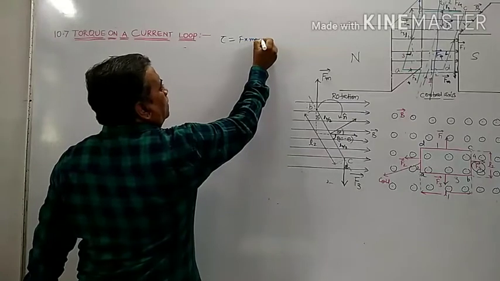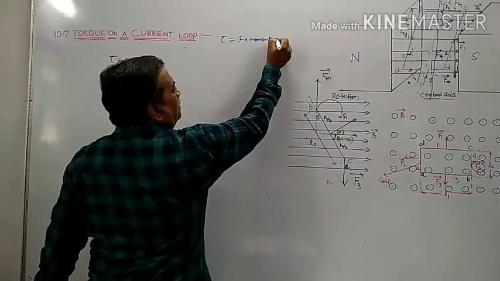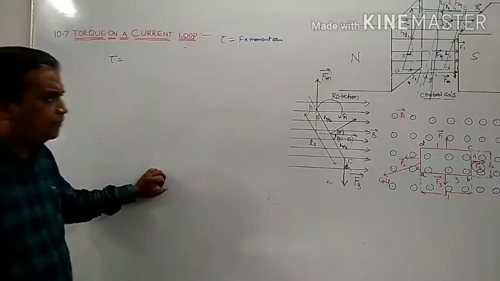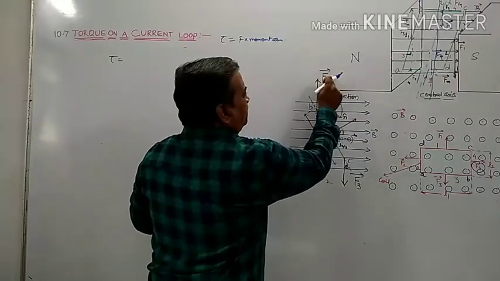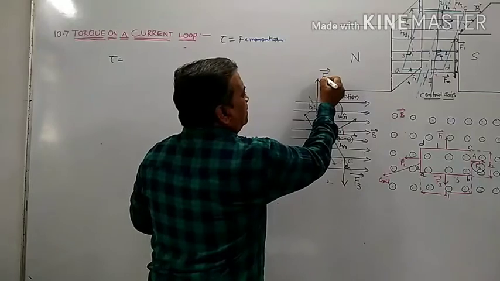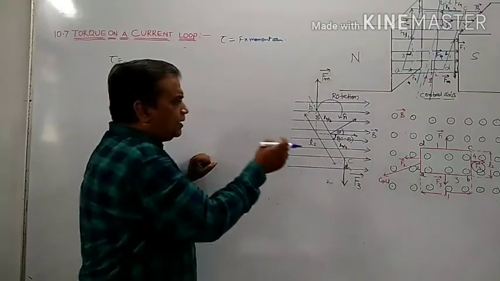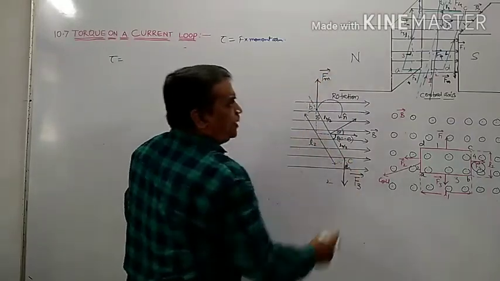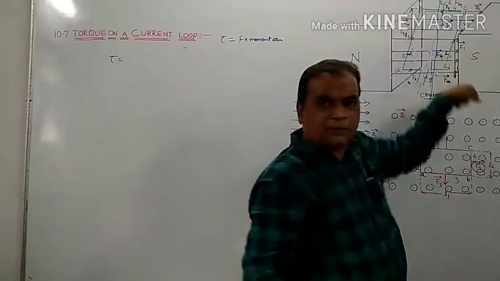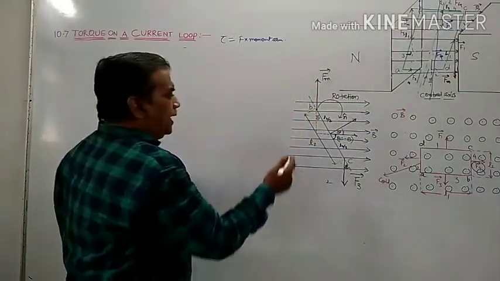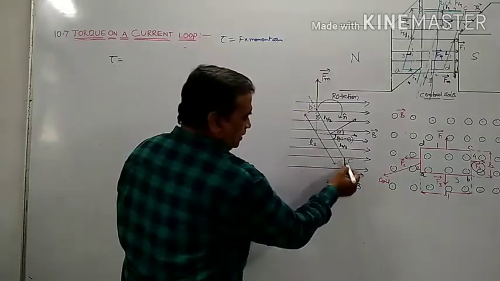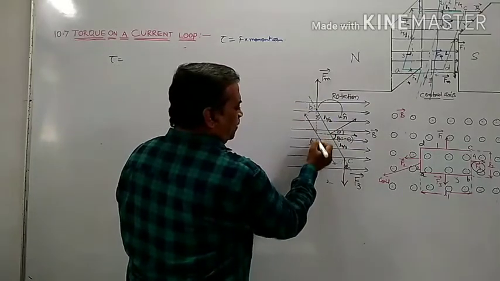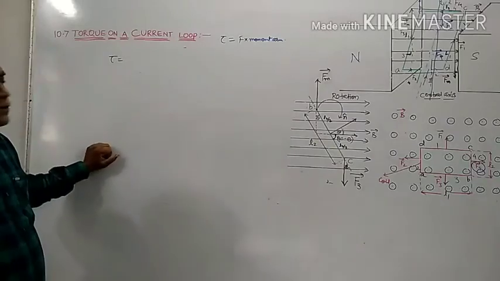Moment arm R. Look at this figure. Here this force is F3, or this force is the magnetic force. Here the other force is pointing downward. This is the upward force, this is what? The downward force. And we want to find the perpendicular distance between the two forces, one acting downward, one acting upward, to find the torque.